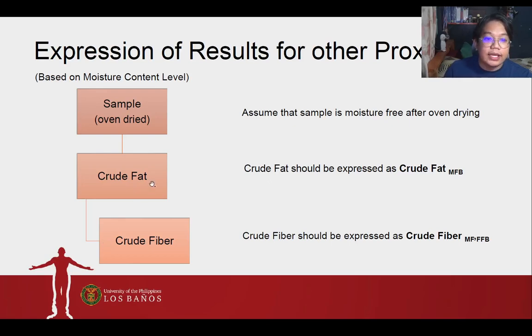And then, yung ating resulting substance after you have done crude fat determination will be subjected to crude fiber determination. So, by crude fiber, ibig sabihin, natanggal mo na yung fat doon kasi na-determine mo na siya. Then, initially, tanggal na rin yung moisture nun.